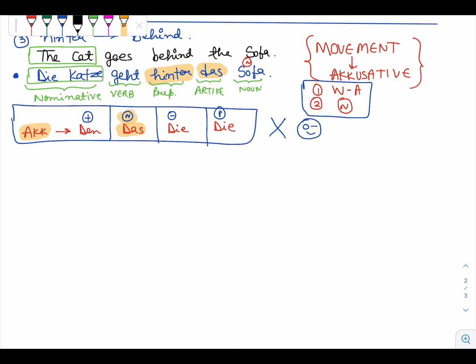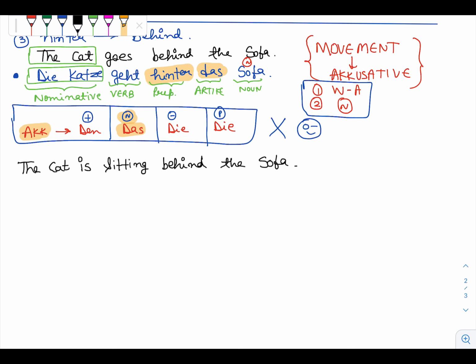Second example we will see. The cat is sitting behind the sofa.